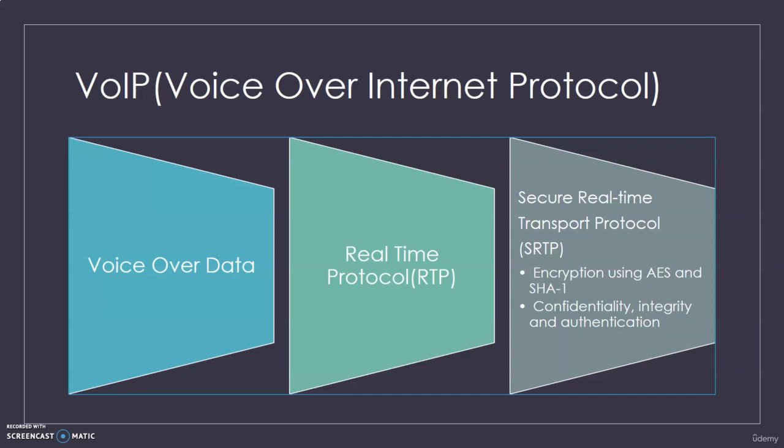But here we use protocols such as Real-time Transport Protocol or Secure Real-time Transport Protocol, which is RTP or SRTP. This allows us to have encryption using the Advanced Encryption Standard, as well as integrity using the Secure Hash Algorithm. When using this, I could then provide confidentiality, integrity, and authentication of devices.